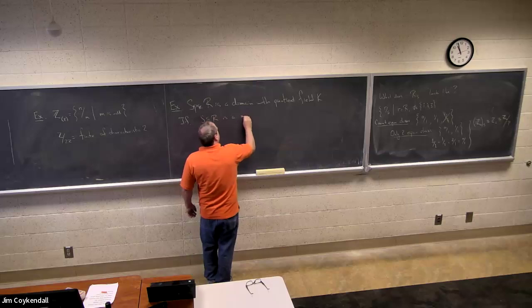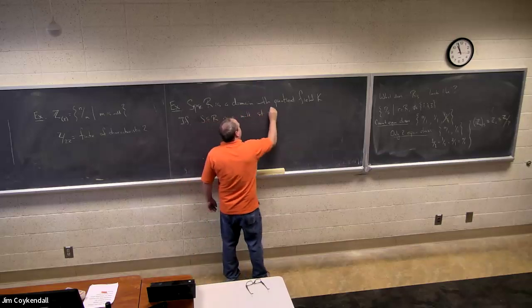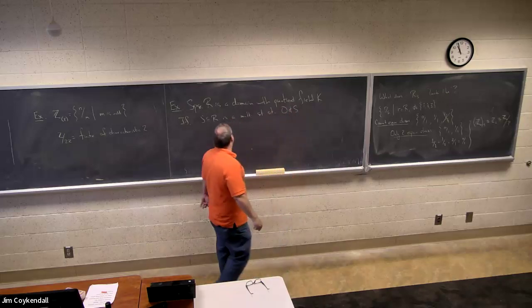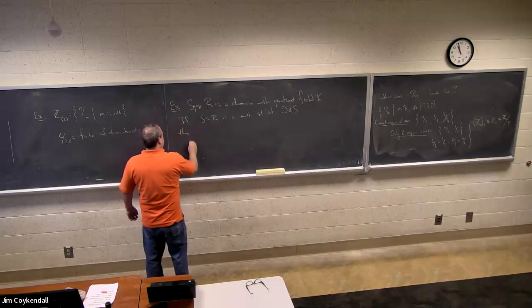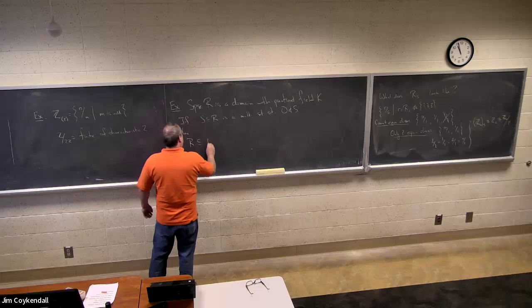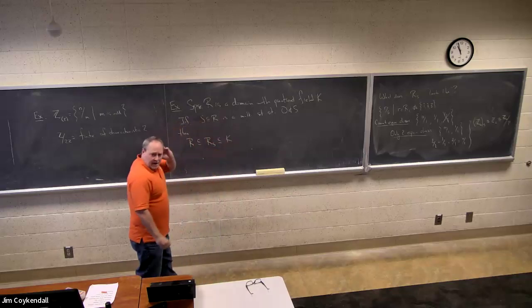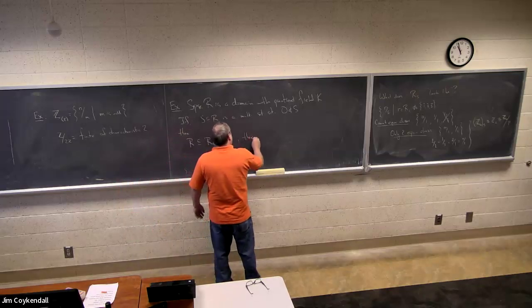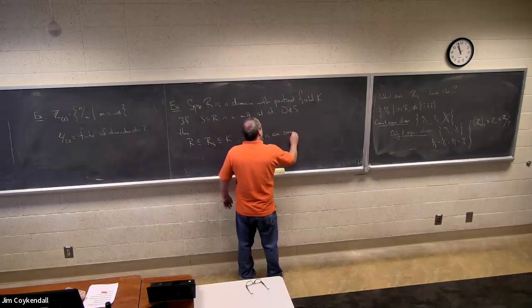Suppose S is a multiplicative set such that 0 is not in S. I'm going to be specific about that one here. Then R_S is what we call an overring of R.